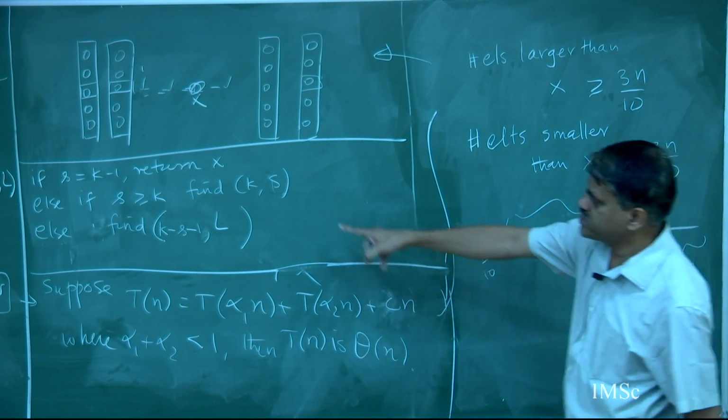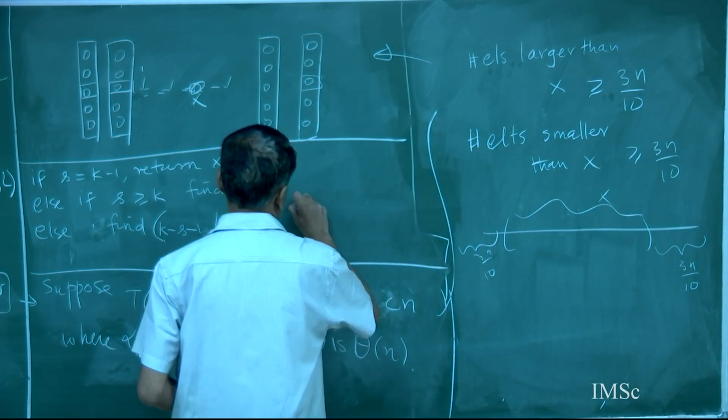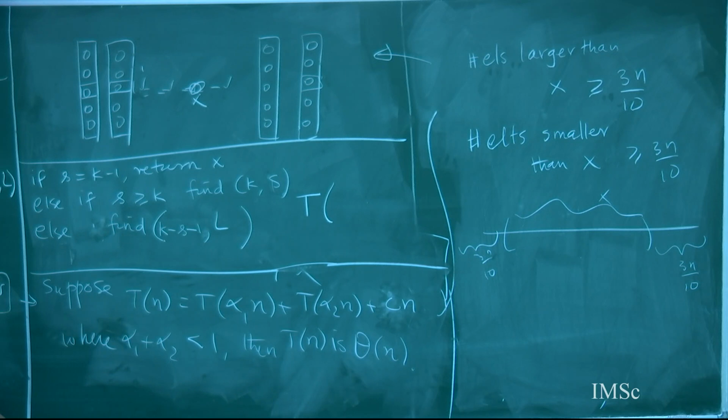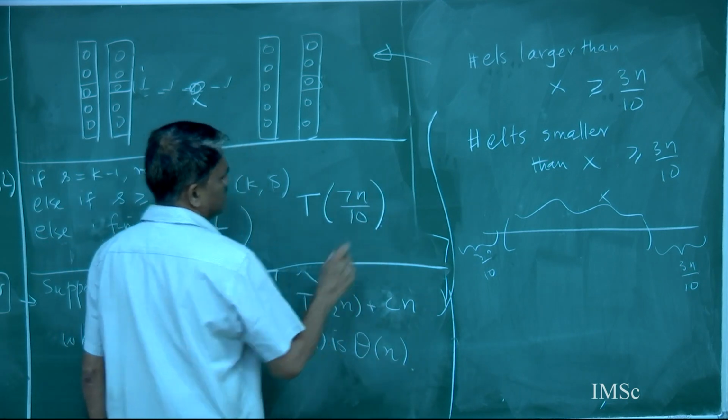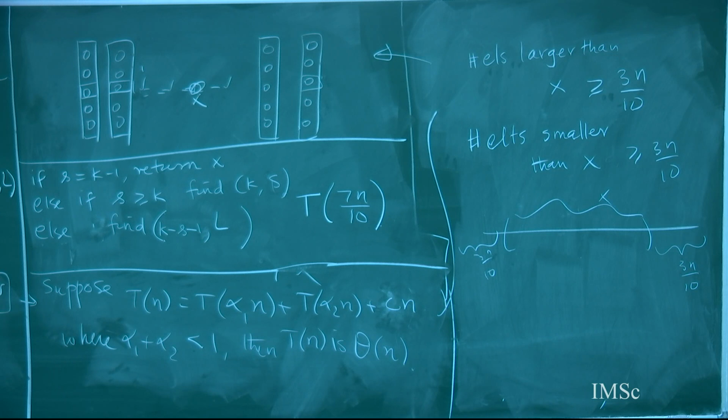So how much do I recurse on now? What is the running time? Yeah, 7 by 10, 7n by 10. That's what will remain at most. You may be lucky and get even smaller, but this is the worst case. Is that clear? This is the critical step of why we are doing median of medians, taking the median of 5 and partitioning and all that.